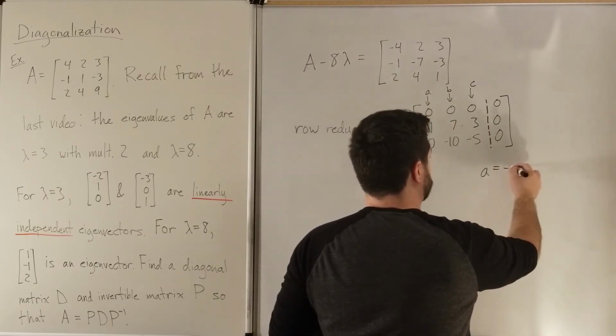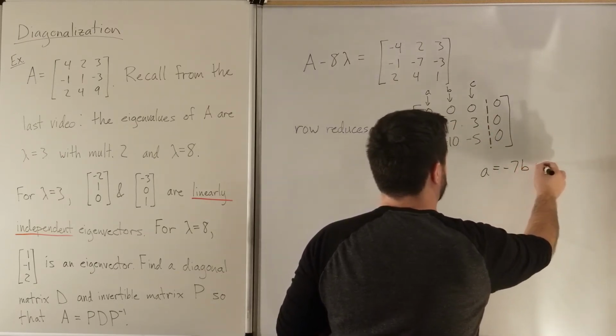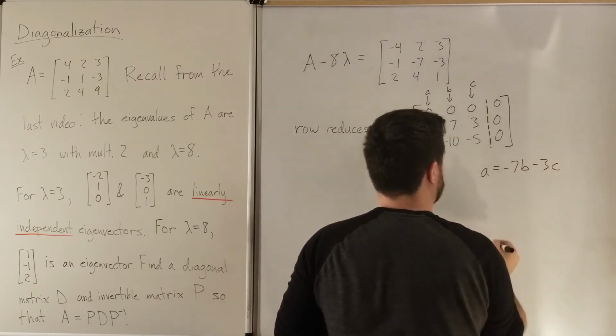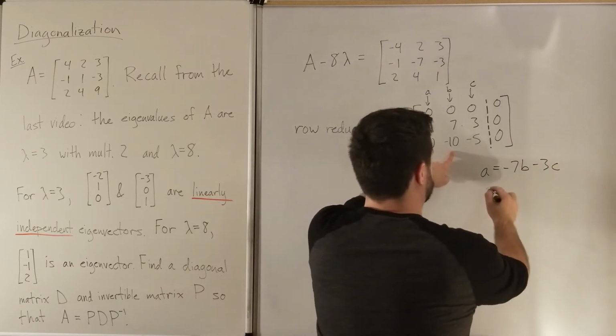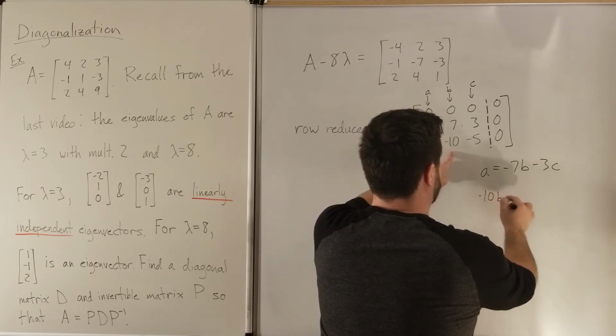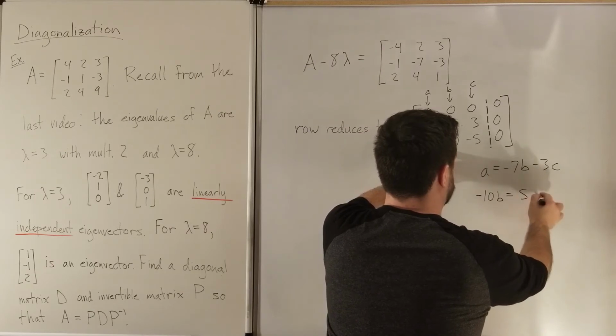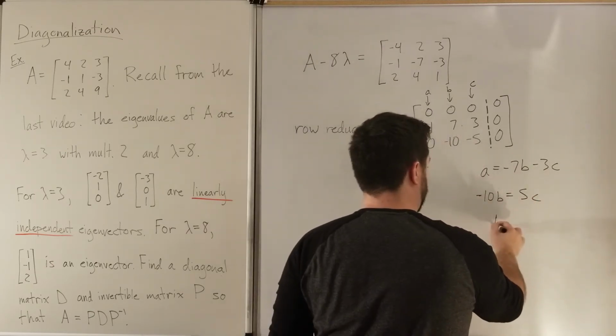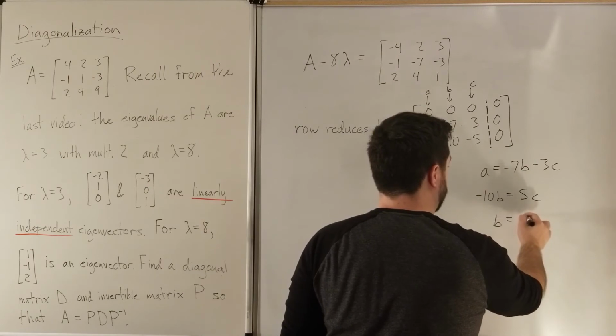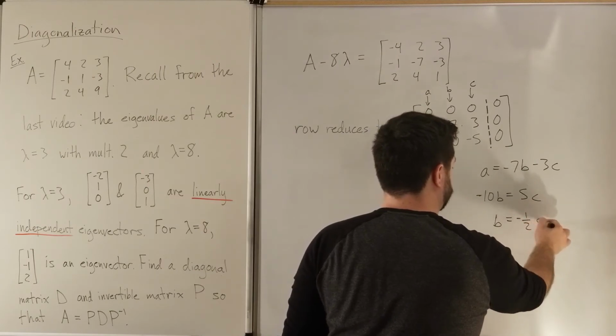In other words, A is equal to -7B minus 3C. And this row says that -10B is equal to 5C. Or B is equal to -1/2 C.